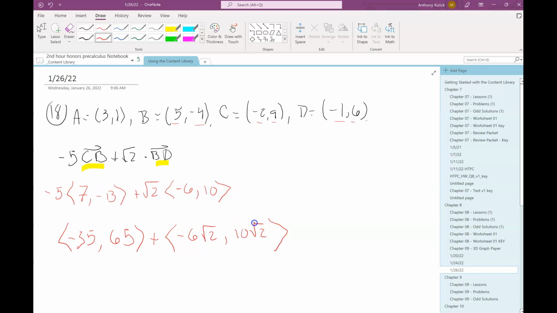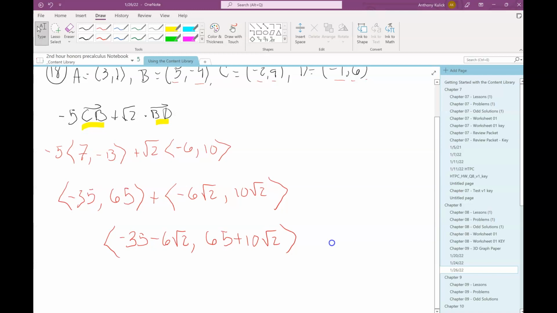So far, so good? And then we add vectors, and I can't add a radical with a rational number, so I just write them next to each other like that, and that's as good as we can probably do. Is that okay? Okay.